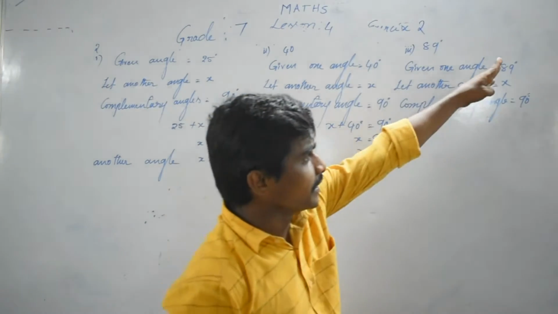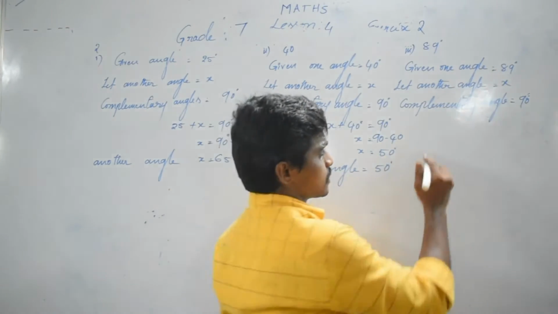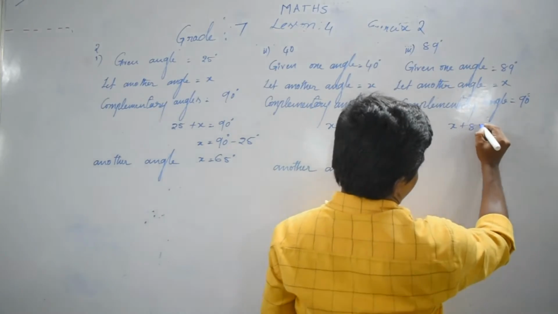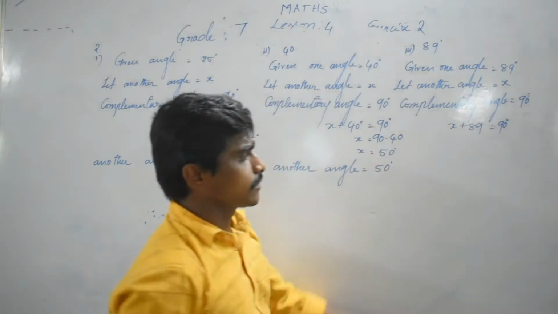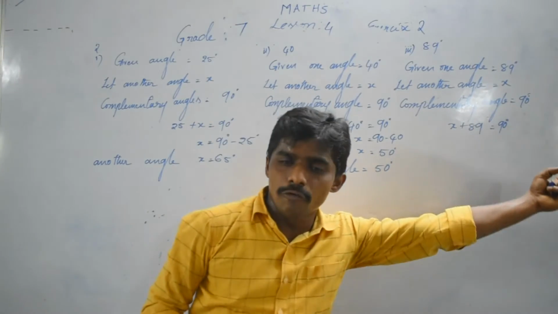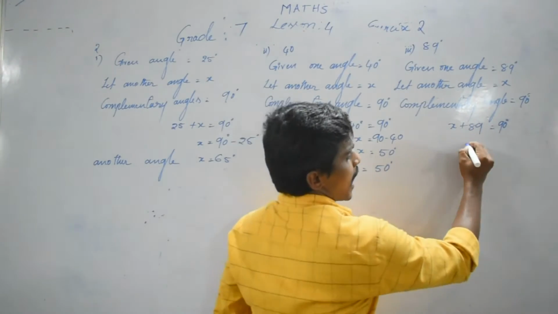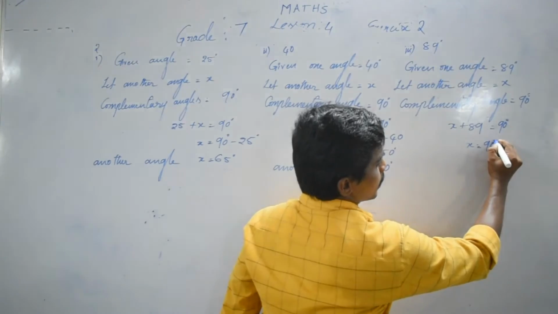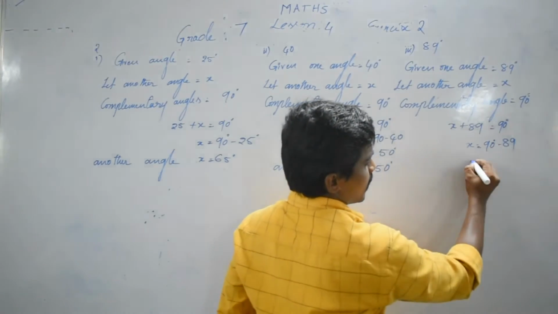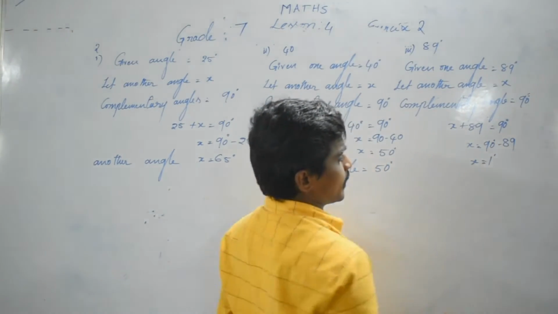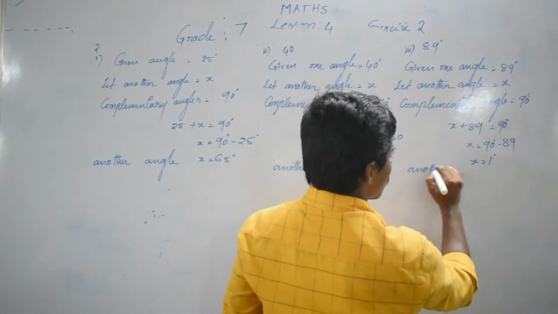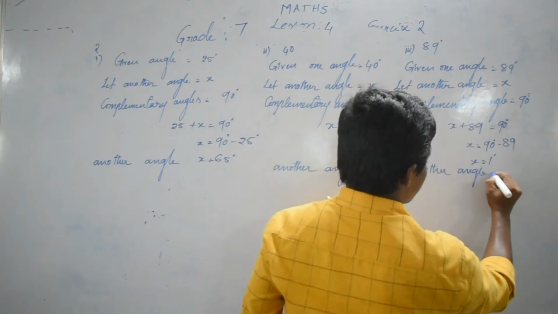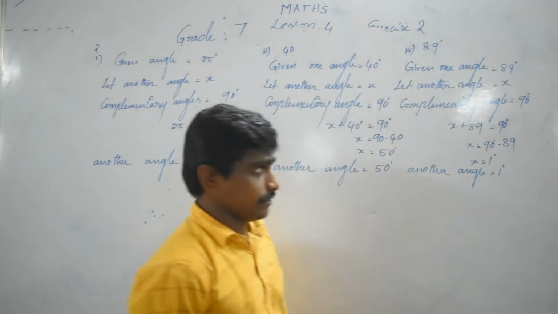So 89 plus x, x plus 89 is 90 degrees. So 89 moving to RHS, x equal to 90 minus 89, 1 degree. So here the other angle is equal to 1 degree.